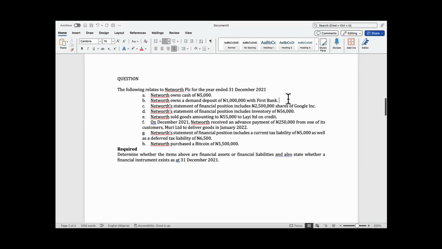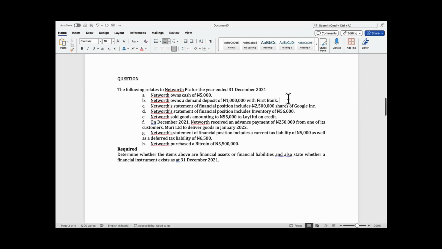The Networth owns the demand deposit of 1 million in First Bank. That is, he owns a financial asset in First Bank. A financial instrument exists because another entity is involved in this instrument.